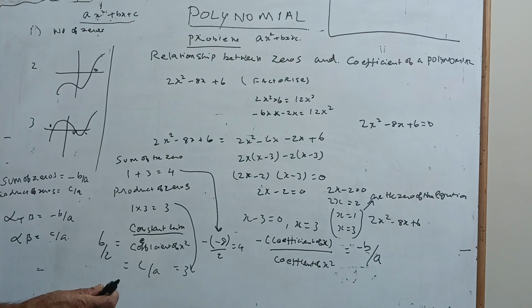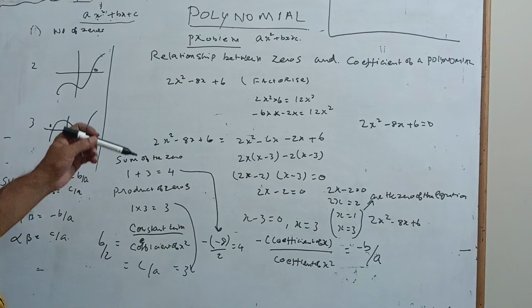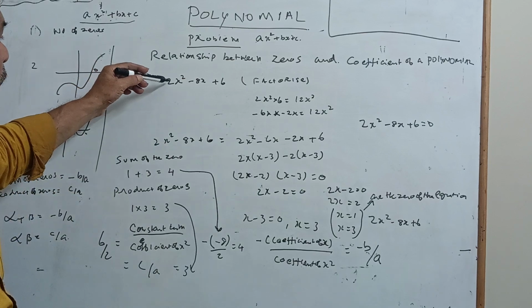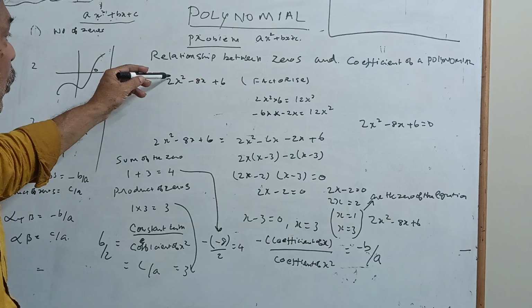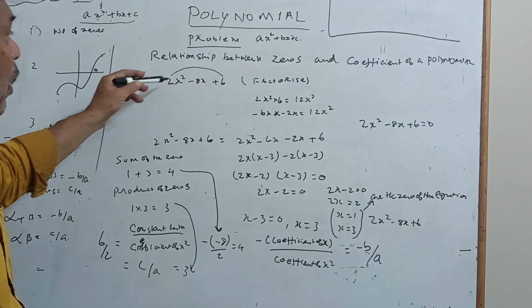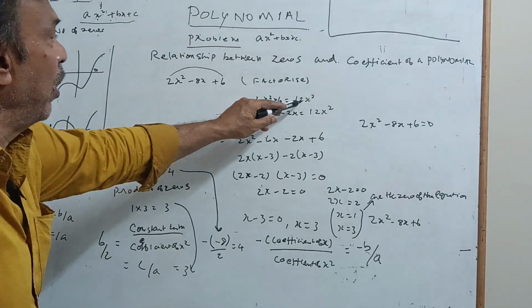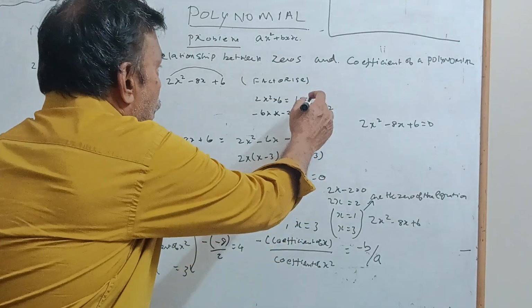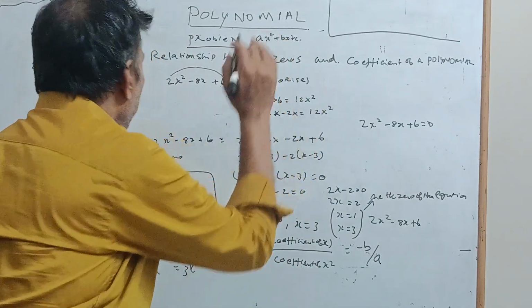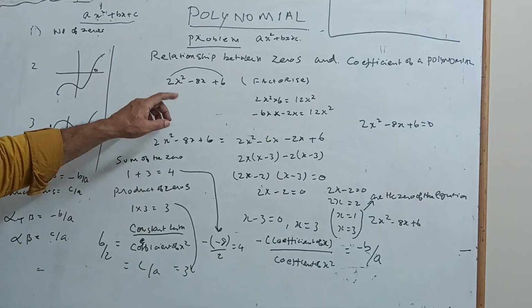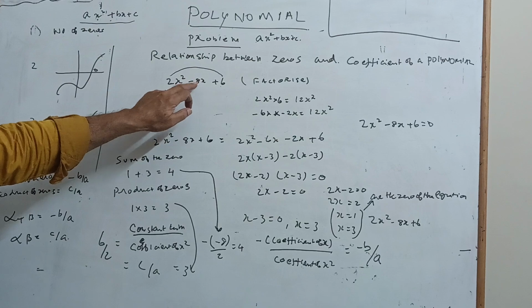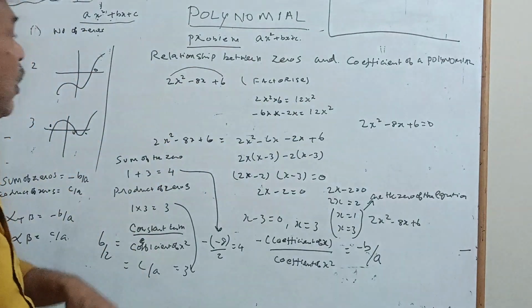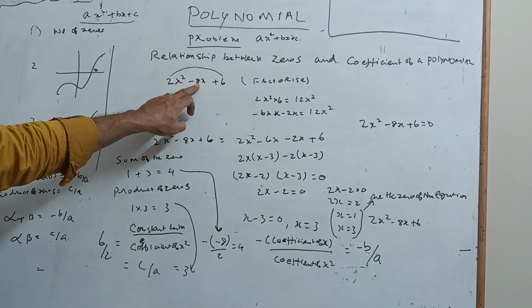So how to factorize now? First, you multiply the 2 and the 6. So 2 into 6 is equal to 12, that is 12x squared. Now we have to split this 8x to get this 12x squared. So how can we split minus 8x?